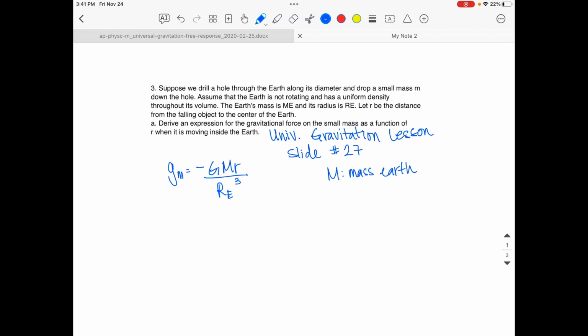Okay, and then when we are trying to derive the force of gravity, we know that force is equal to ma. We know that the gravitational field is acceleration due to gravity.